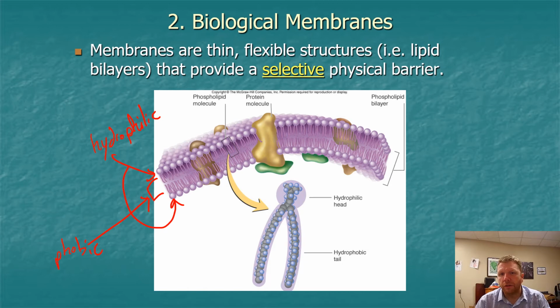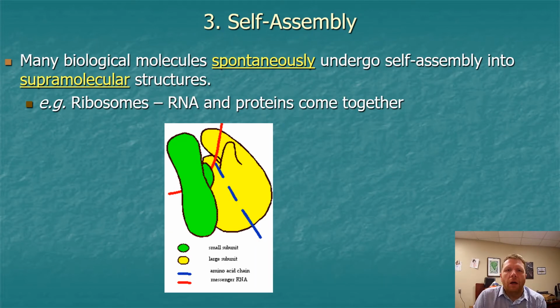These are portions of these molecules that interact with one another and are stabilized by those interactions. Overall, this structure is going to provide a physical barrier between two different portions of a cell, or basically separate material inside a cell from material outside of a cell.